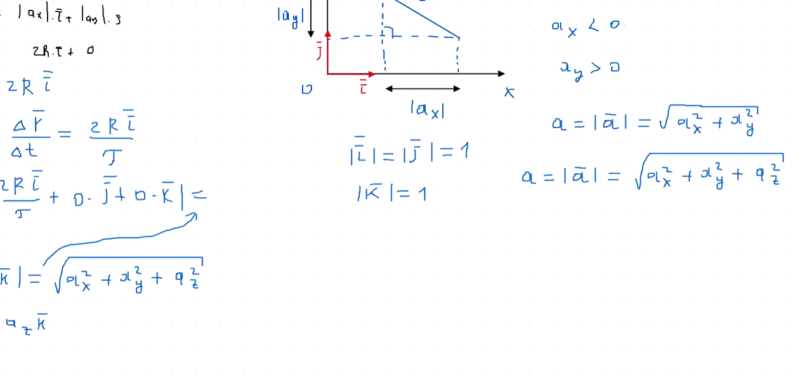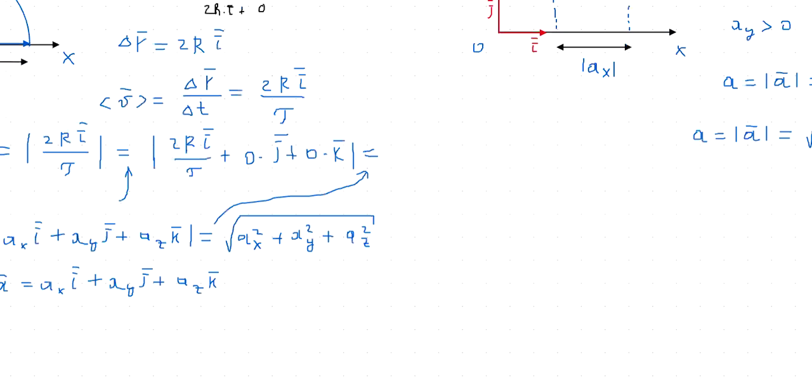Okay, I will write this. Because it is quite specific, vectors and their moduluses: 2r divided by tau squared plus 0 squared plus 0 squared.